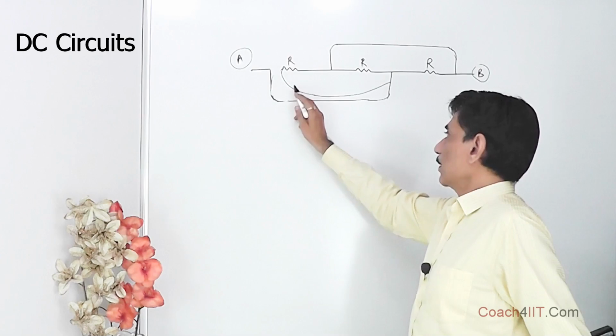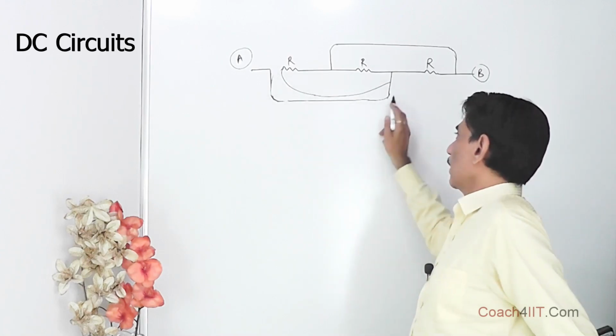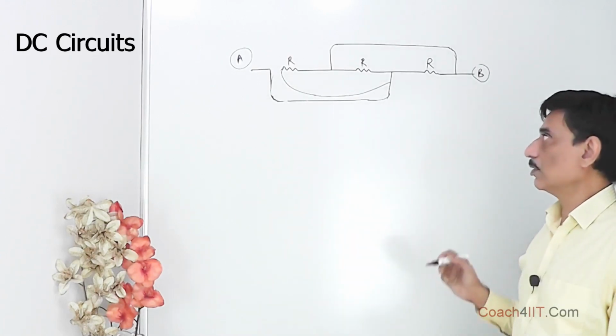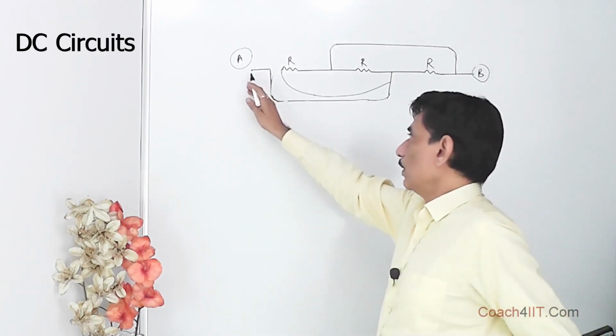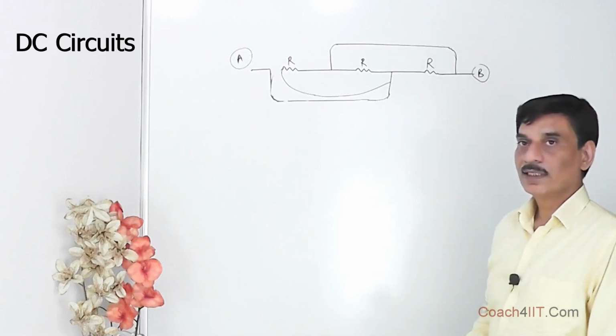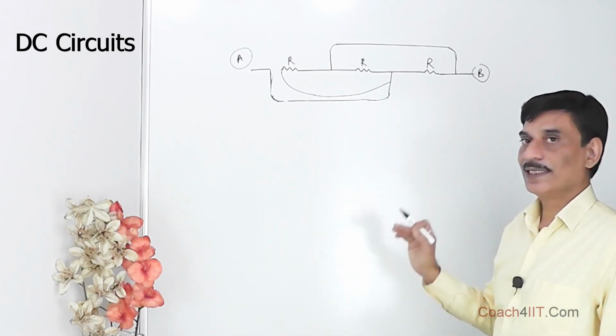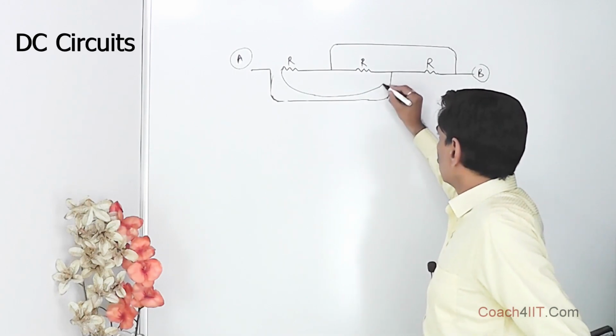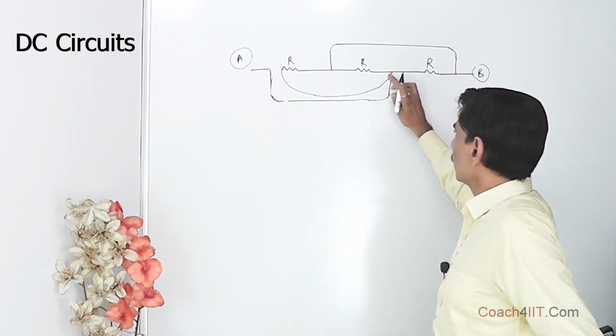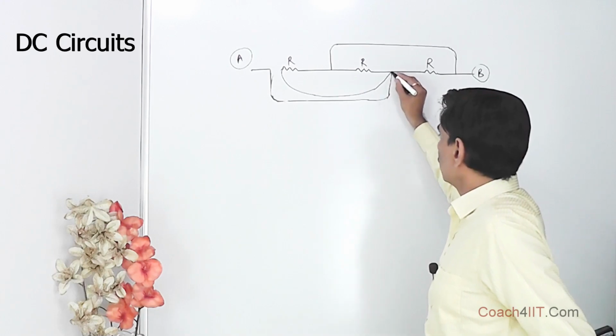You are sliding this wire only on a pure conductor, so you have still not changed any configuration. You have still not changed the equivalent resistance between A and B. The arrangement of the resistors is still the same. Whether it is like this or like this, it is one and the same thing.